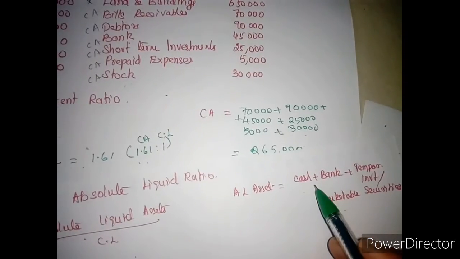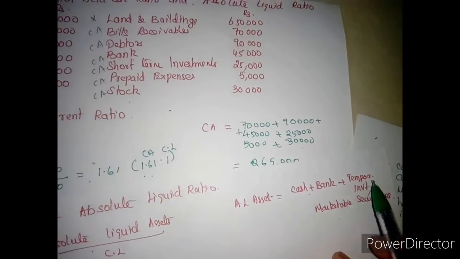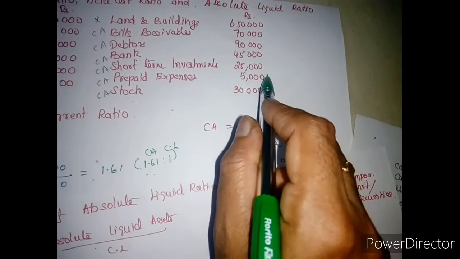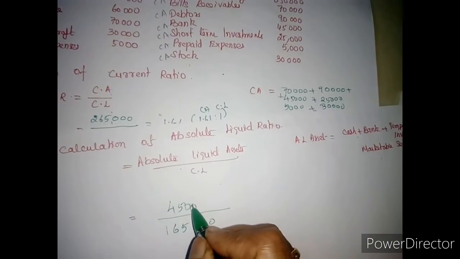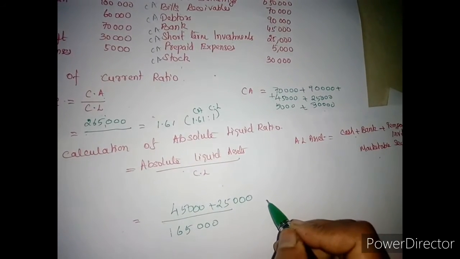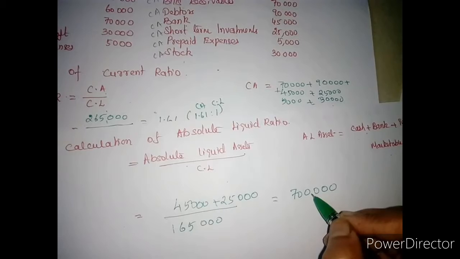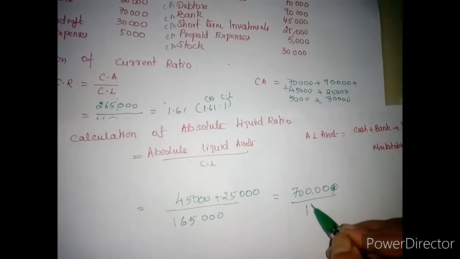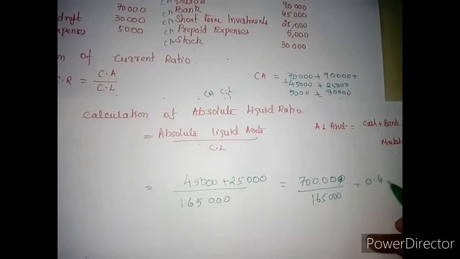There is no cash, bank and investment are available. So 45,000 plus 25,000 is 70,000, divided by 1,65,000. The ratio is 0.42.